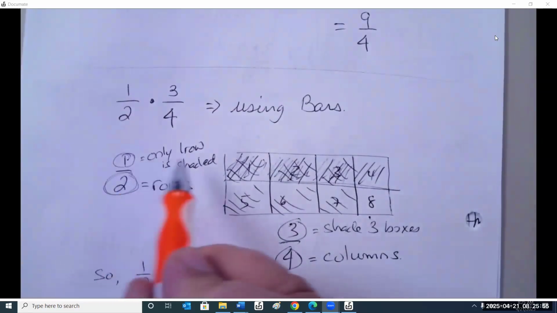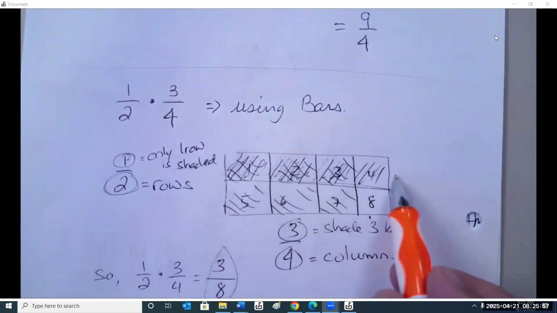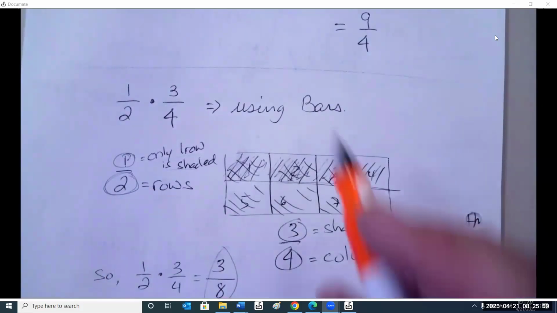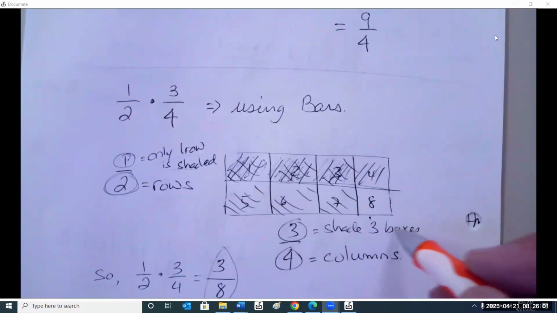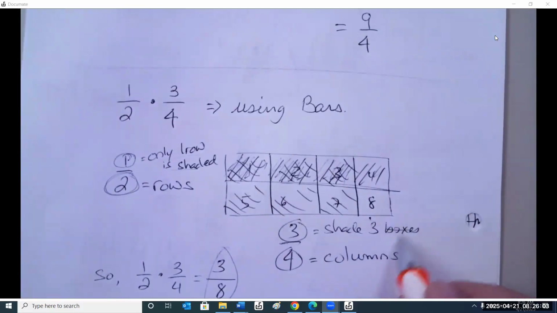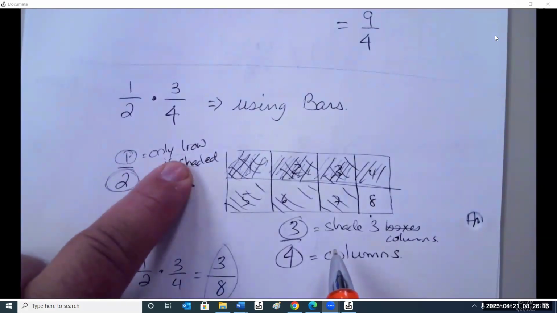It's really, yes, it's only 1 row that is shaded. And only 3 shaded boxes, I should say, 3 columns. Or if you wanted to, you say out of that row, only 3 are shaded.